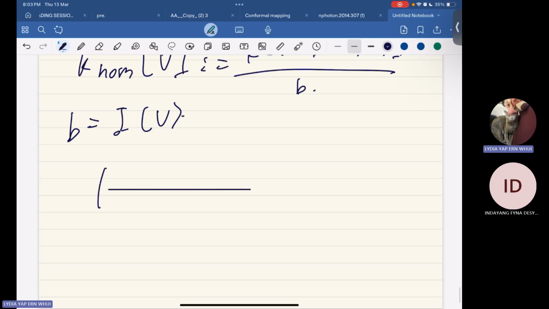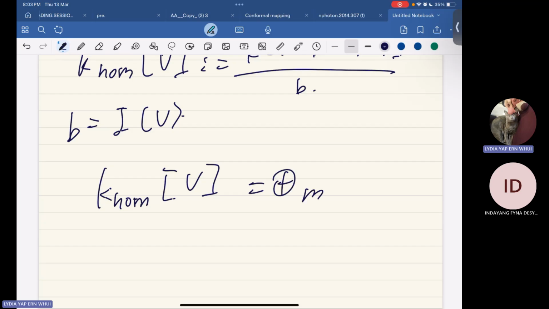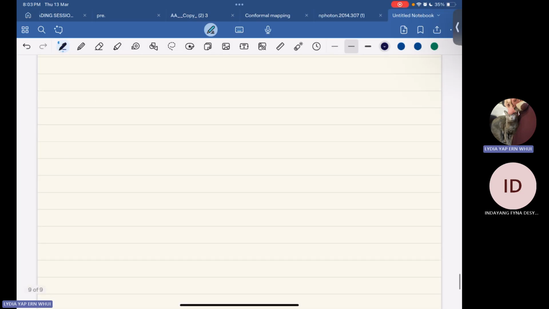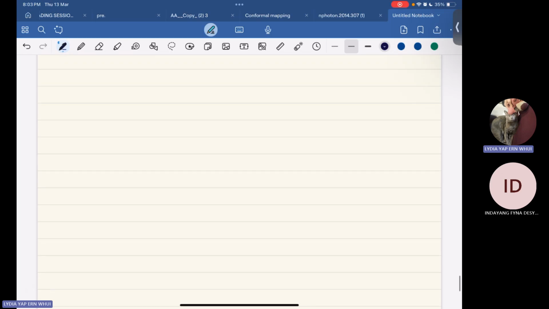Let's write this K_hom[V] as a direct sum of all of its homogeneous parts, right? And let's see what's next.